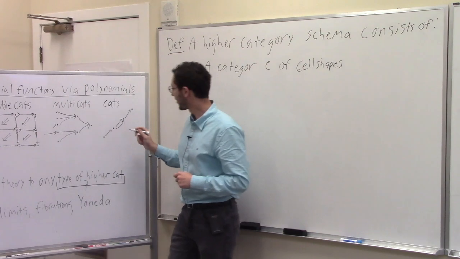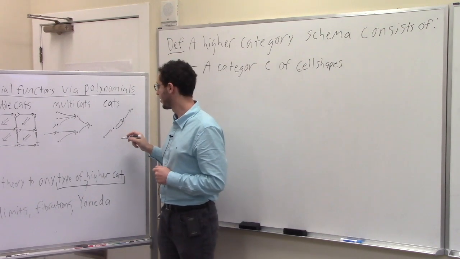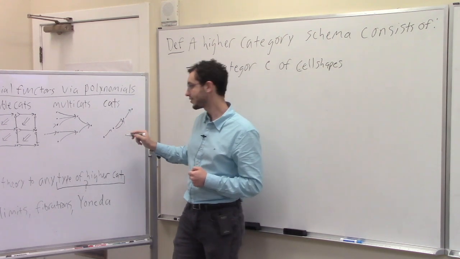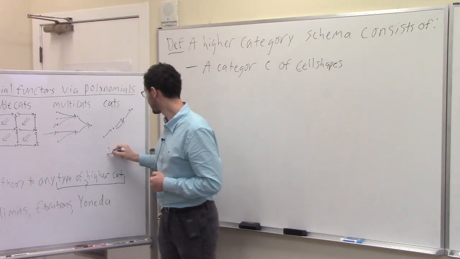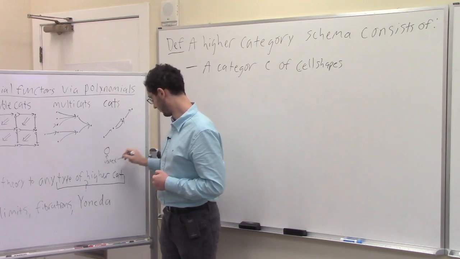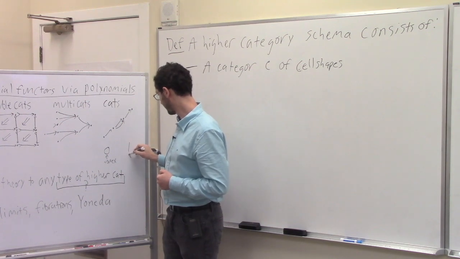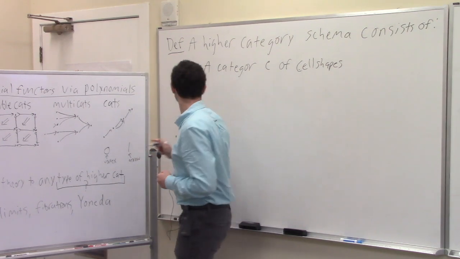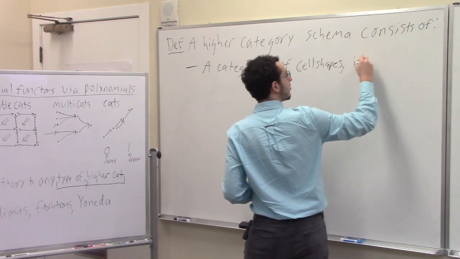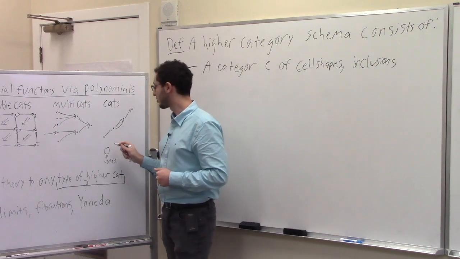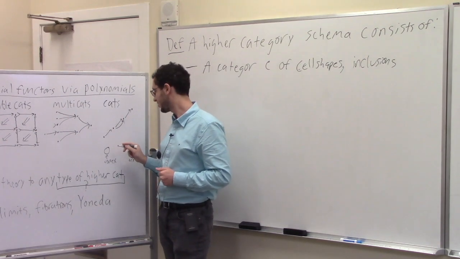So this is part of why ordinary categories are a great example to start with. What are the cell shapes? Well, the cells are all either vertices or arrows. And so I'm going to say that a vertex is a 0-cell. And an arrow is a 1-cell. And the morphisms in this category are going to be inclusions between the cells. And so the vertex includes into the arrow as its source and its target.